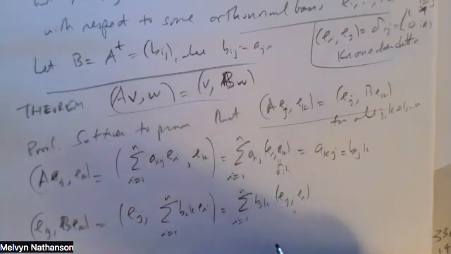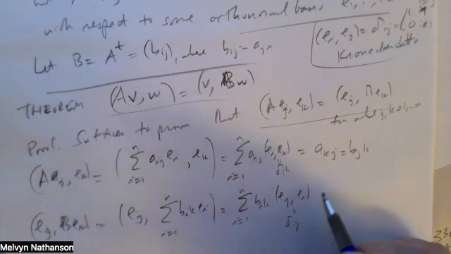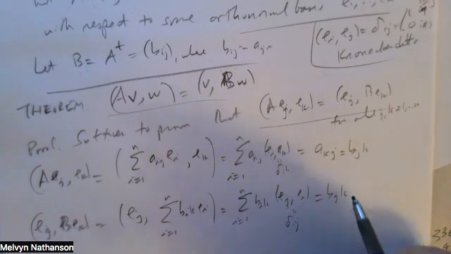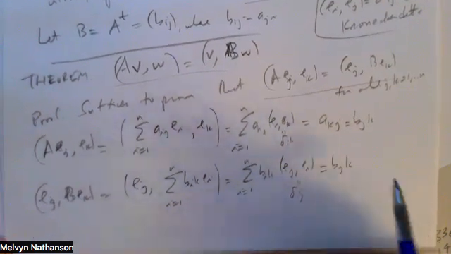Again, this is delta ij. This is 0 unless I equals j. When I equals j, this is 1. So you get BJK, which is this.